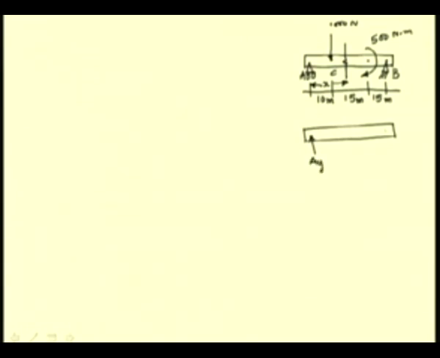So, we have one component of unknown reaction, and at B, we have two components of unknown reaction, and we have the applied loads 1000 Newton and a point moment of 500 Newton meter at C and D. Now, from this free body diagram, we can write three equations which can be used to determine the three unknowns.